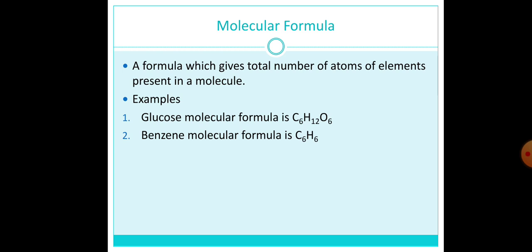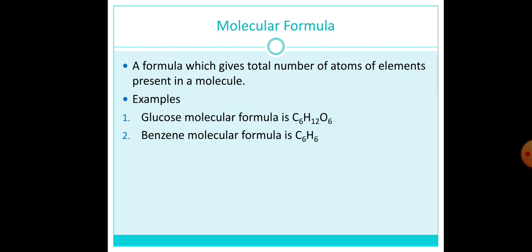For example, glucose contains 6 carbon, 12 hydrogen and 6 oxygen. So we can write its molecular formula as C6H12O6. By this formula we come to know the exact atoms of elements which are present in a given molecule.